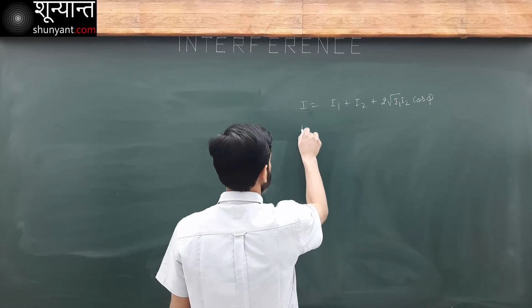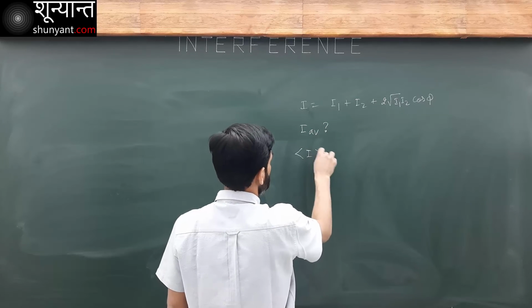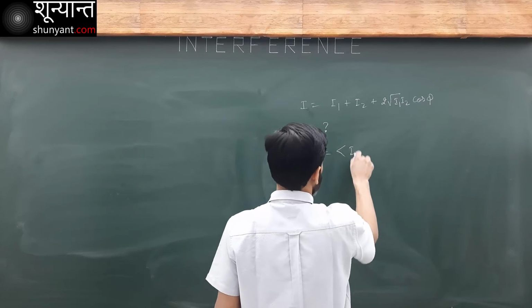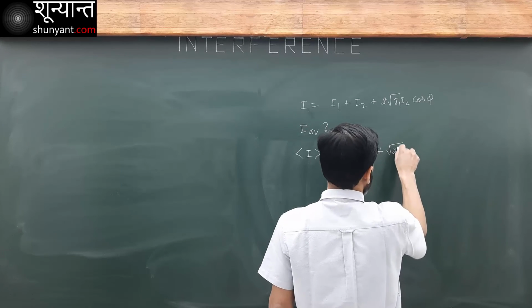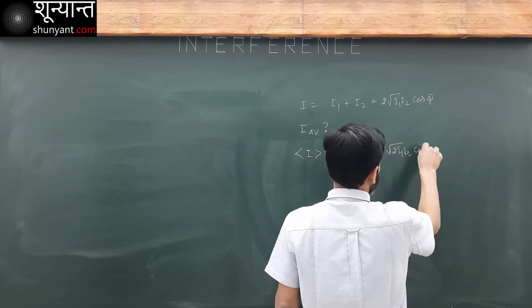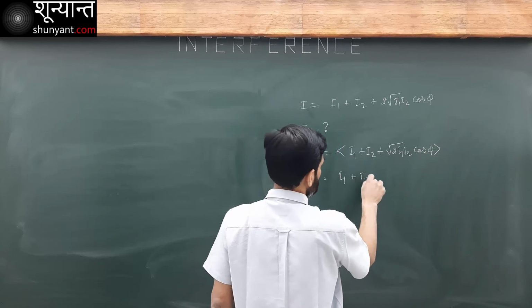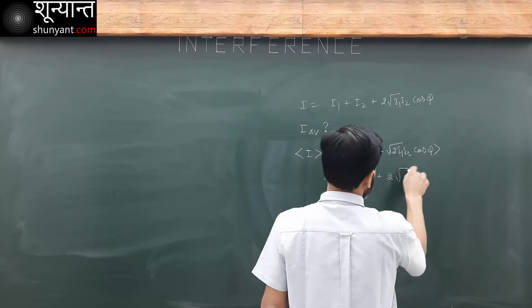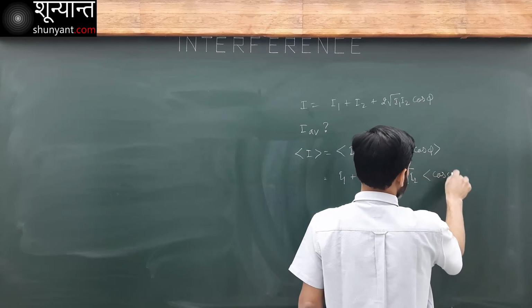What will be the average intensity? The average of this intensity is equal to the average of I1 plus I2 plus 2 under root I1 I2 cos phi, which is I1 plus I2 plus 2 under root I1 I2 times the average of cos phi.